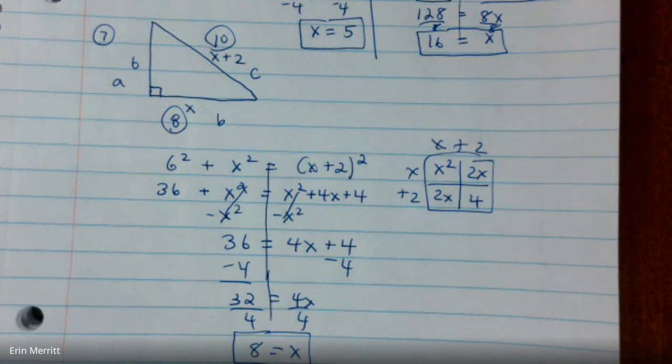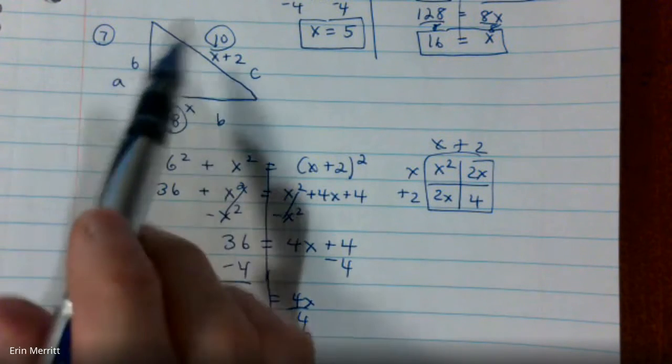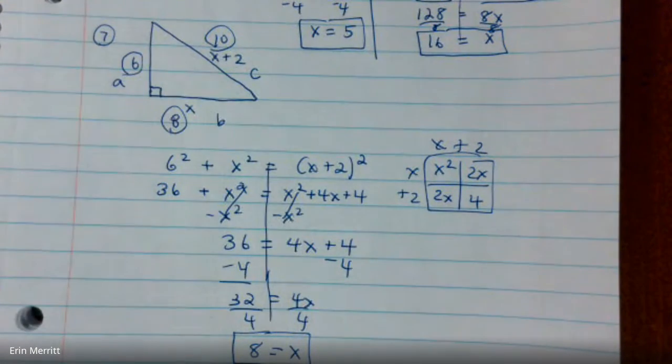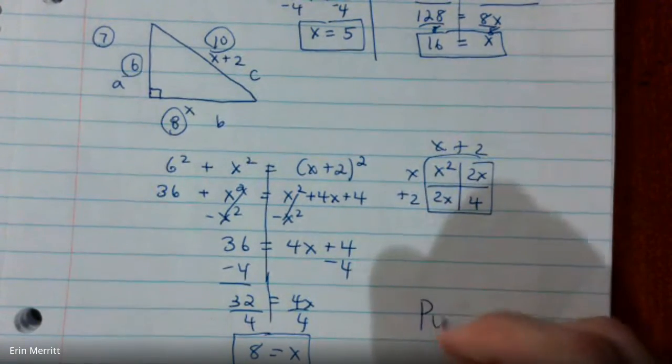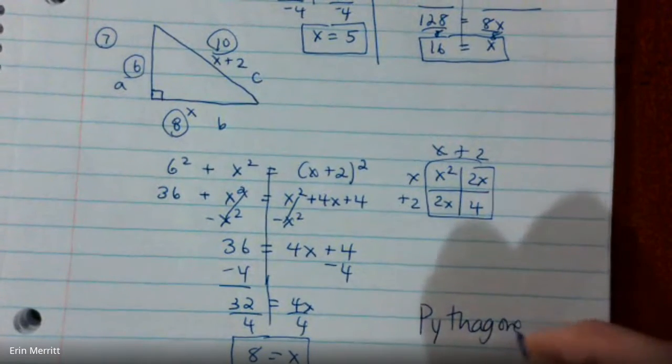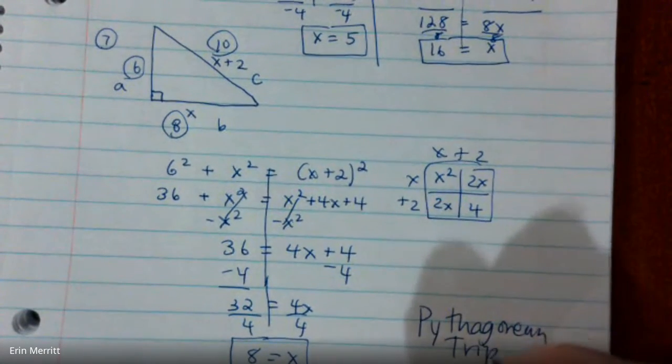How'd you do? Should have gotten x equals 8. Then when you plug back in, you have side lengths that are 6, 8, and 10. All of those examples, when all the numbers come out pretty, are examples of Pythagorean triples.